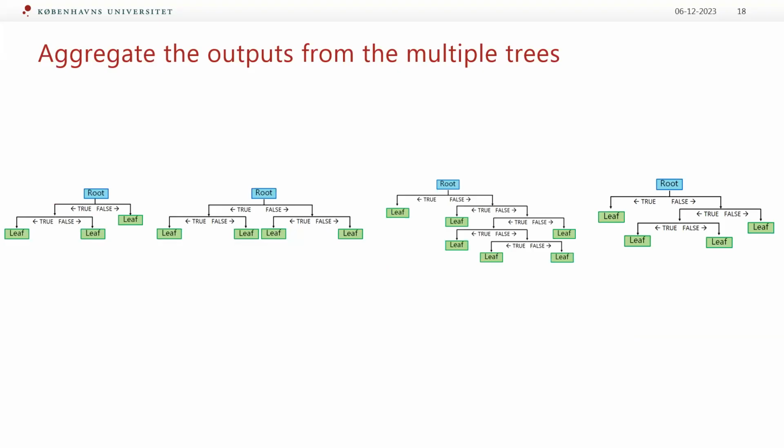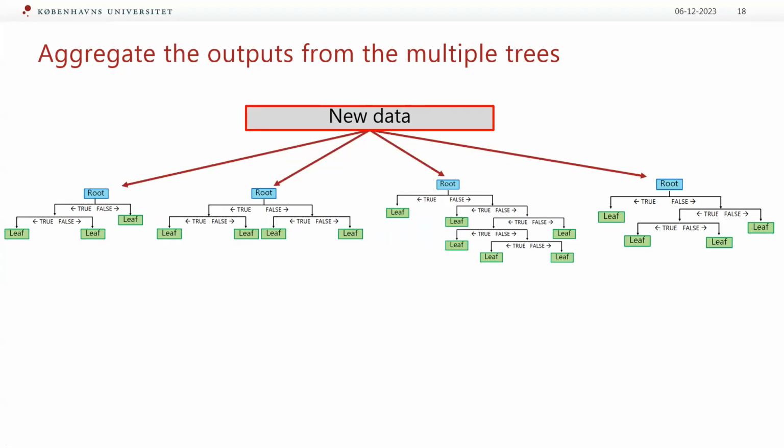So imagine now that we have created 4 different trees based on the resampled datasets. And imagine now that we have a new observation that we want this random forest to predict. The trees that we created together form our random forest, so we send the new data into each of these trees, and each tree will provide its own output.